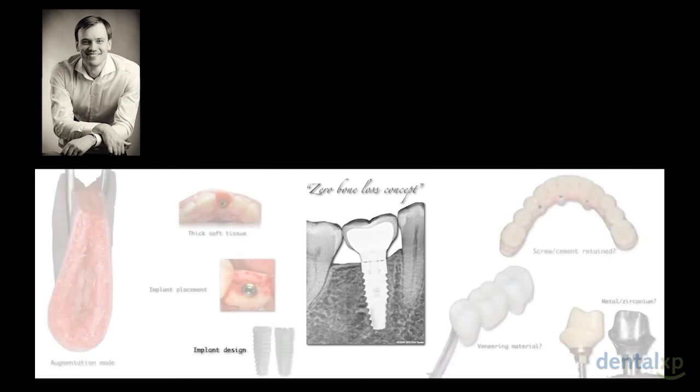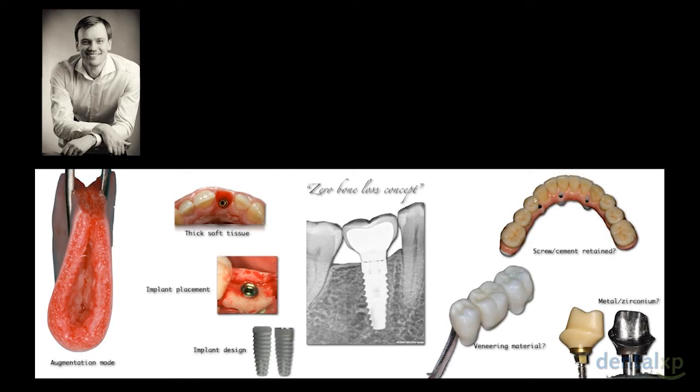So, zero bone loss concept, what is that? Basically, it's a set of various factors which, according to our clinical experience, have some sort of influence on crestal bone stability. For example, the depth of implant placement, or from prosthetic point of view, screw retained or cement retained.